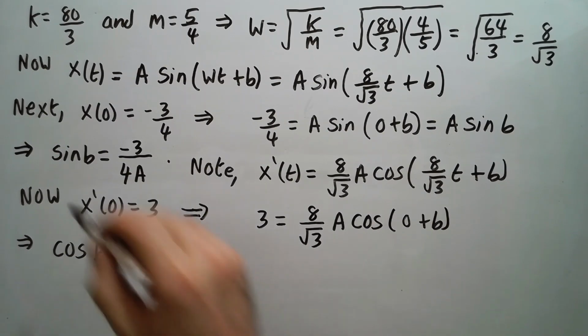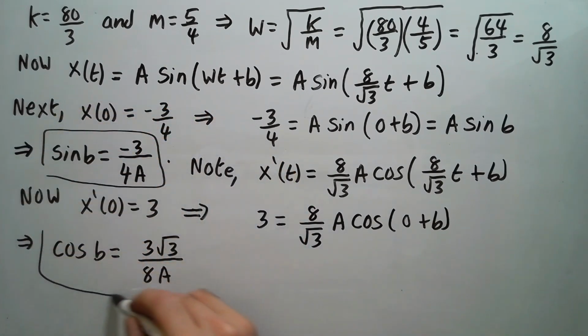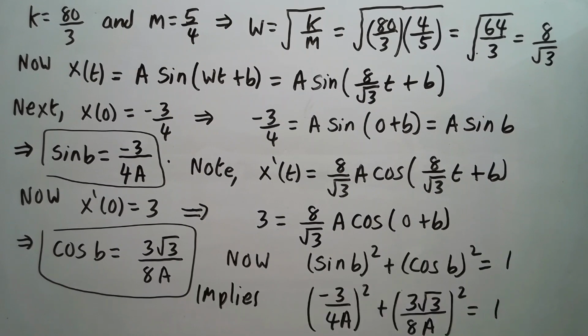So now we have sine b up here and cosine of b here. Now we're going to use those. We're going to use the identity that sine squared plus cosine squared equals 1, our Pythagorean identity.